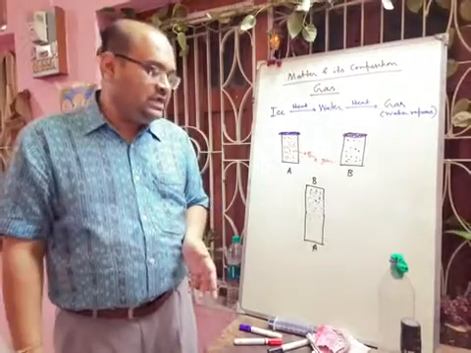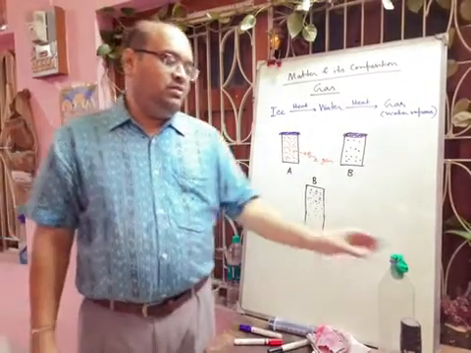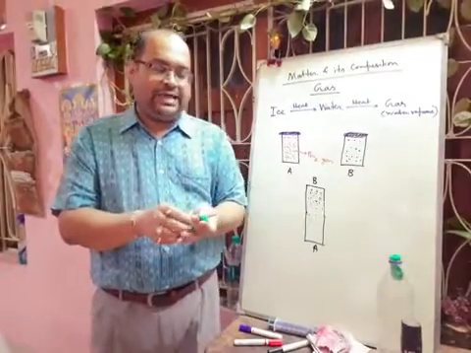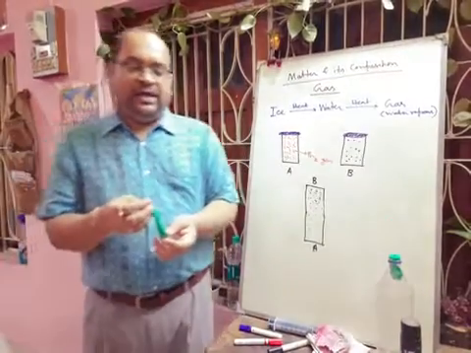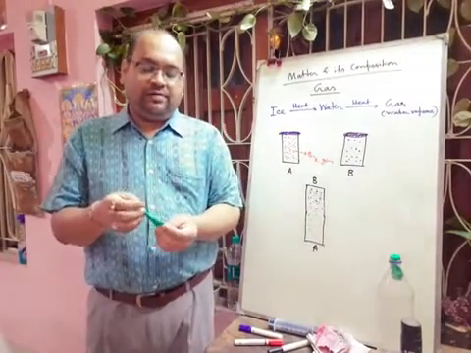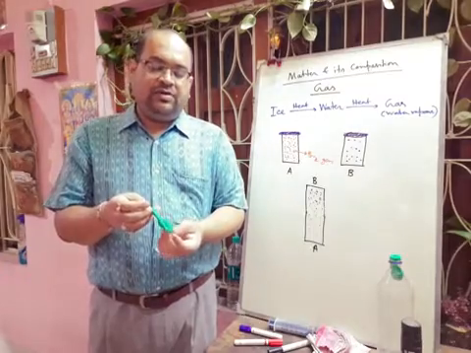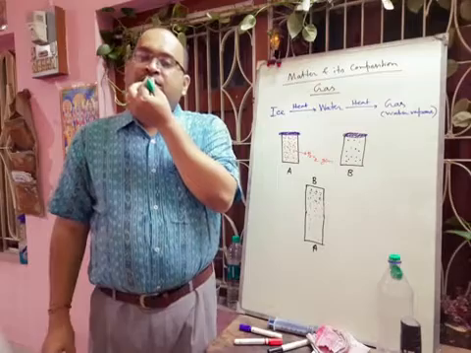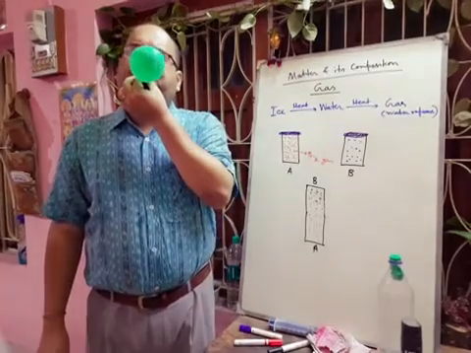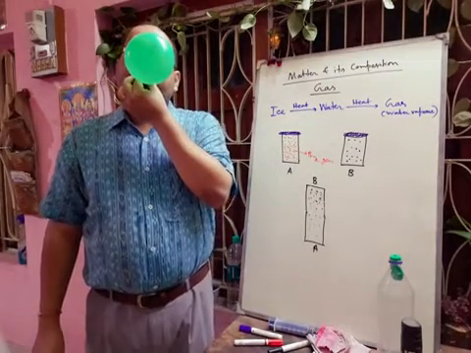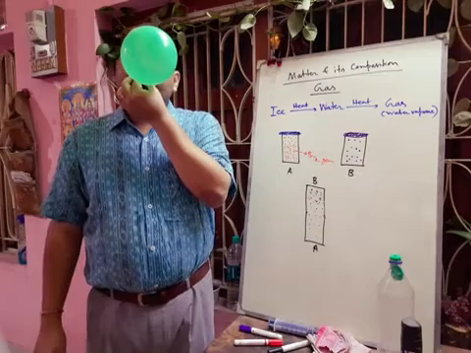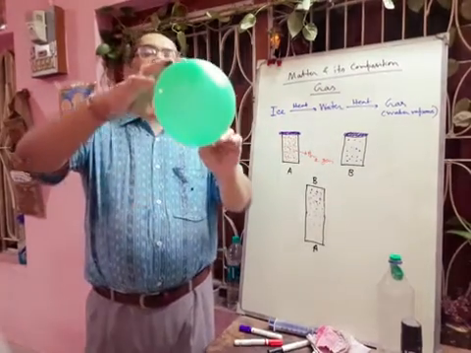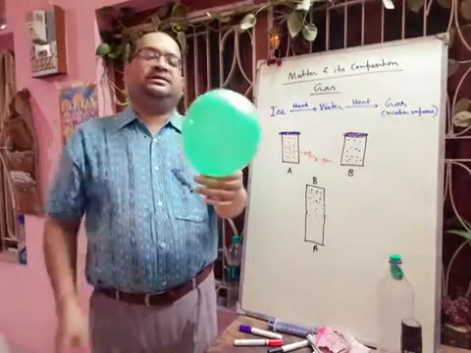Hope you can understand. Next, we are showing one activity. If we take some gas, that means air, inside this balloon, then what will happen? The balloon will be inflated, like this. So this also proves that air occupies space.